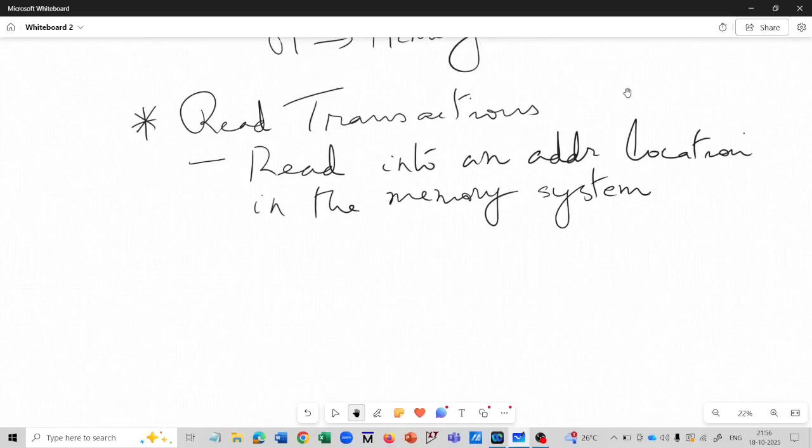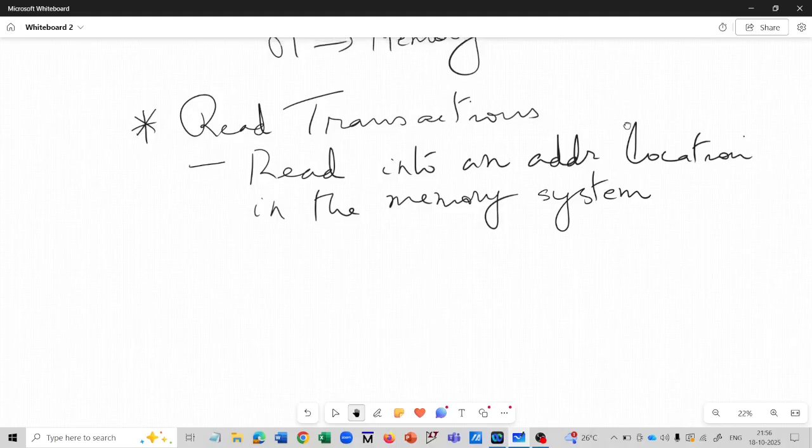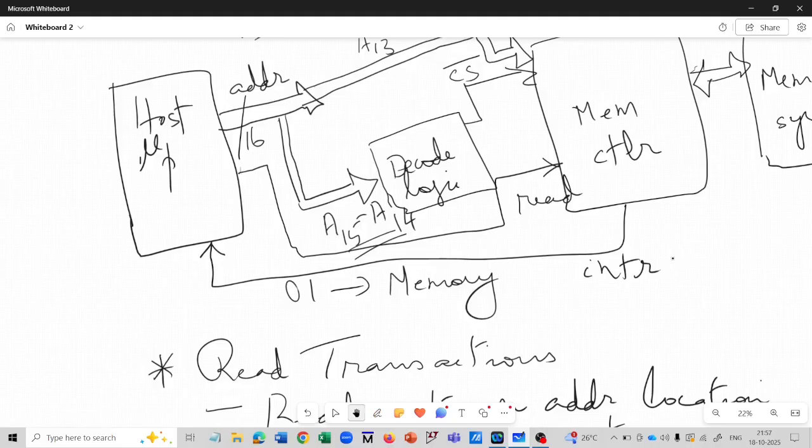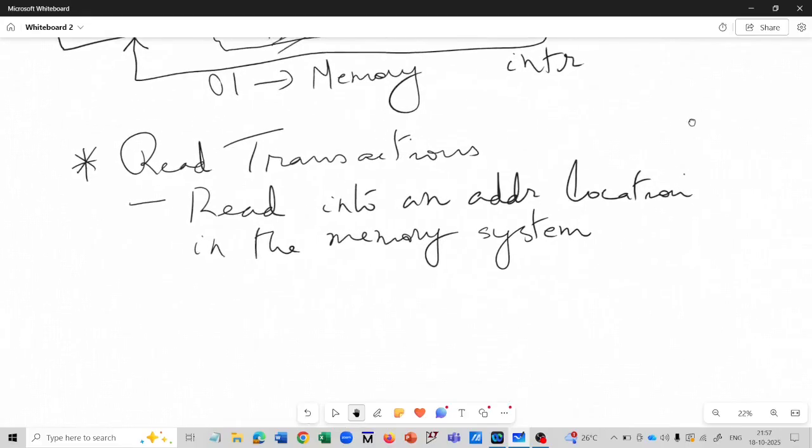But this is not the only case where the processor will try to read something from the memory controller. Because let us assume that a transaction has completed, and the completion of the transaction will be indicated by an interrupt from the memory controller. So when a memory transaction has completed, the controller will interrupt the processor. And what will happen then?